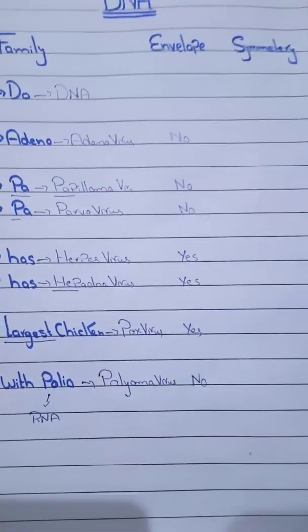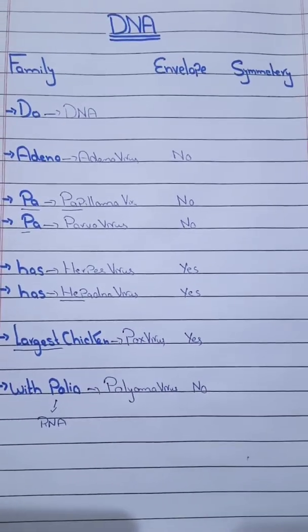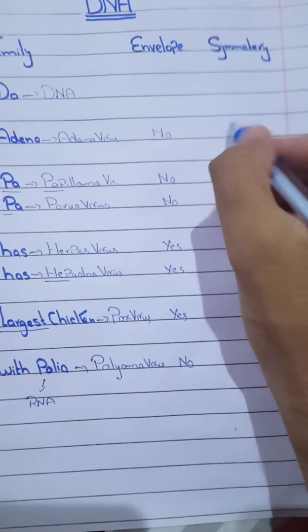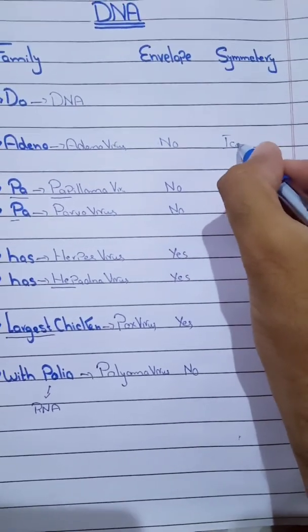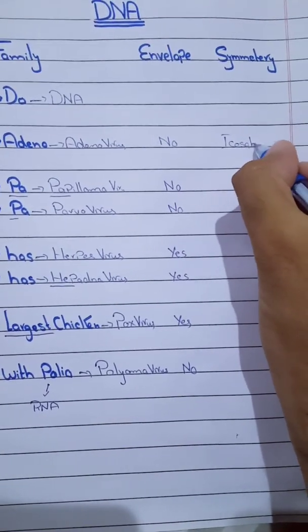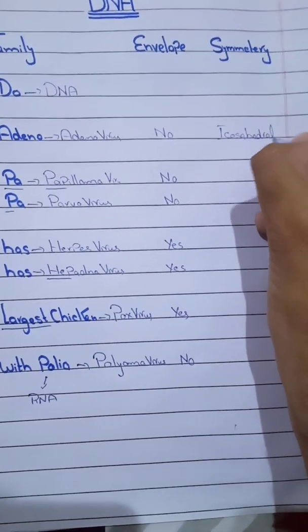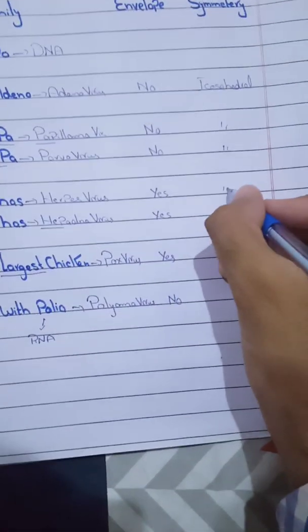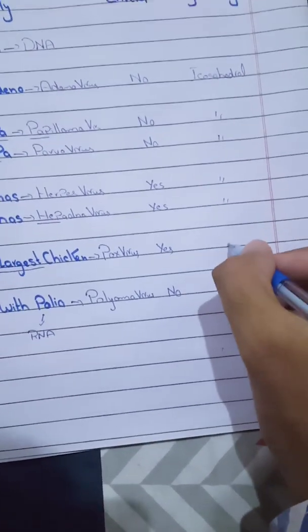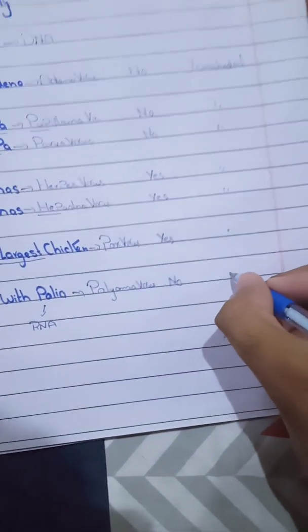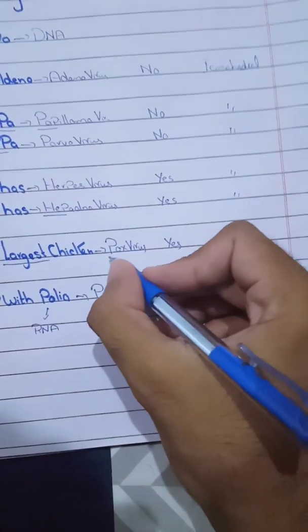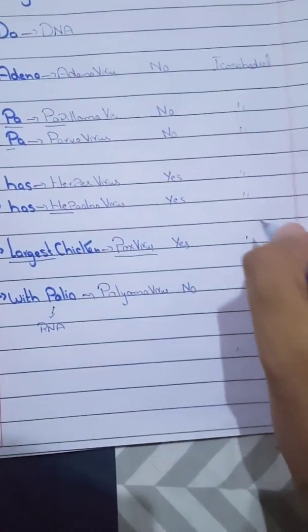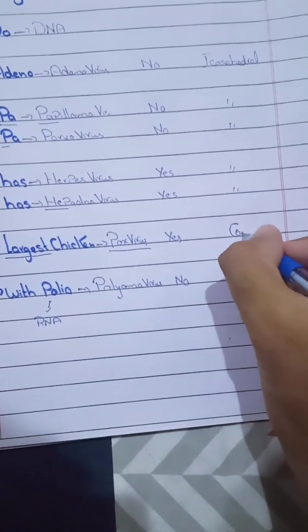And what is the symmetry? Remember that in the DNA viruses, all the viruses have icosahedral symmetry, right? All the viruses here have icosahedral symmetry, but one virus, the pox virus, is the largest virus and it has a complex symmetry.